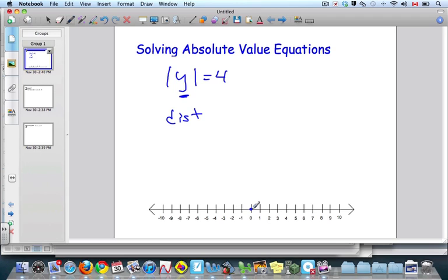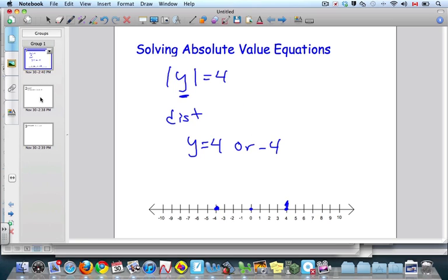If I'm 4 away from 0, your answer could be 4, because that's 4 units. Or your answer could be -4, because both -4 and 4 are 4 units away from 0. And so it always means plus or minus are our options.